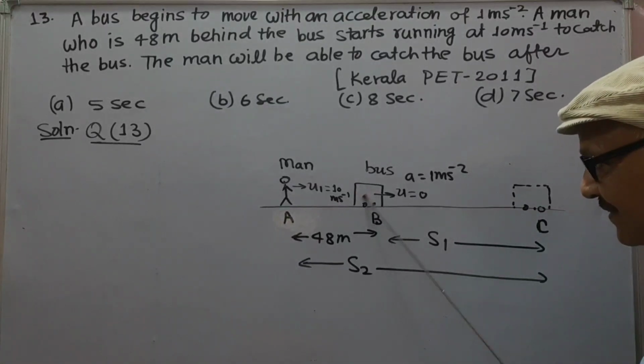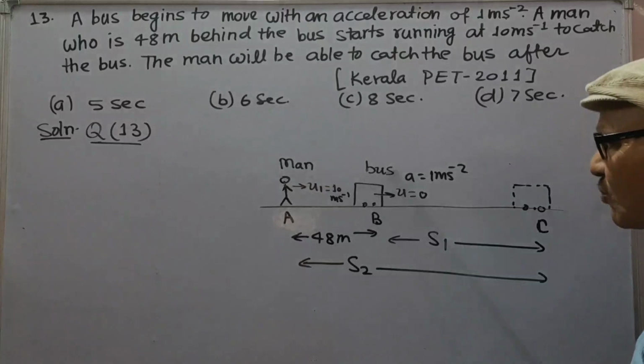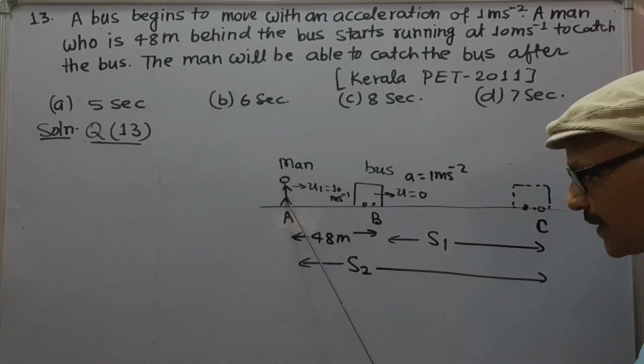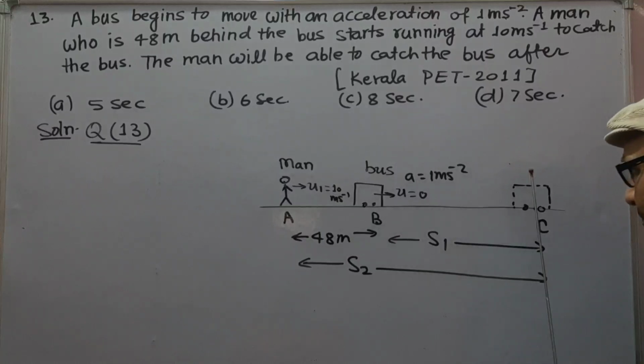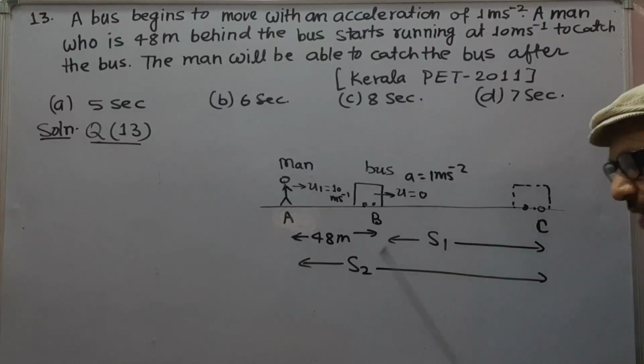When the bus starts, at the same time the man starts running towards the bus to catch the bus. If at point C the man catches the bus, then time taken by man to reach from A to C will be equal to the time taken by bus to reach from B to C.